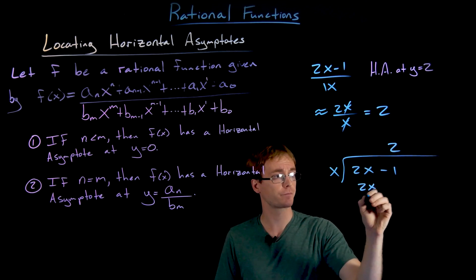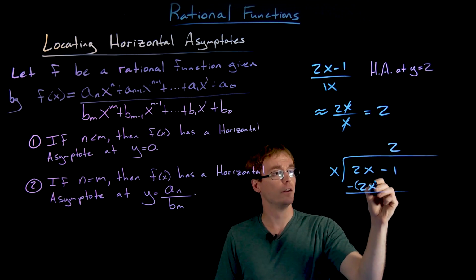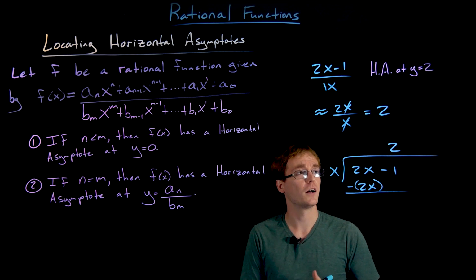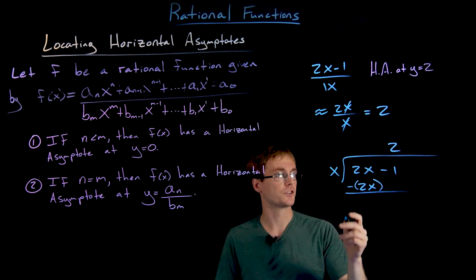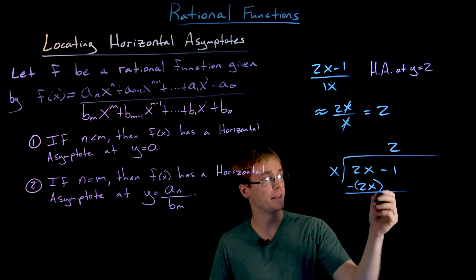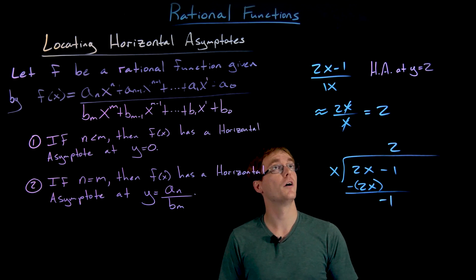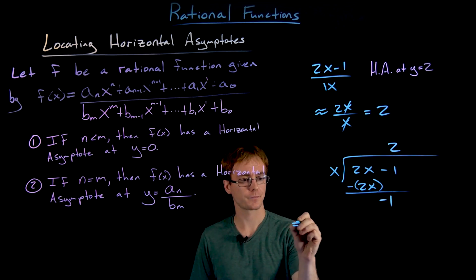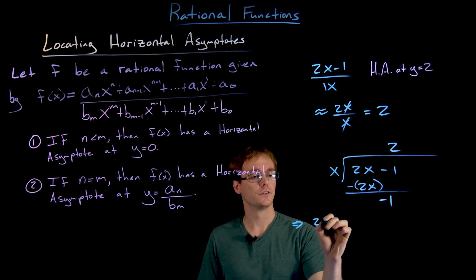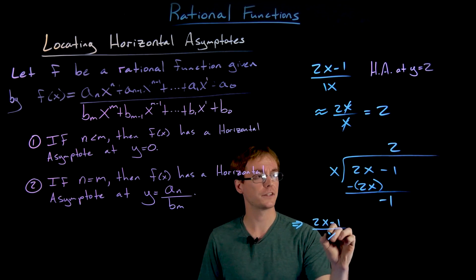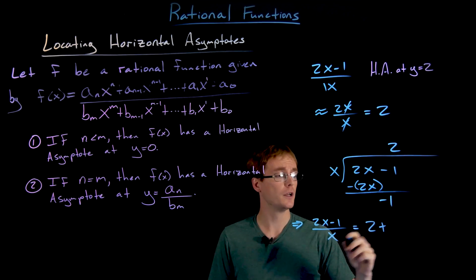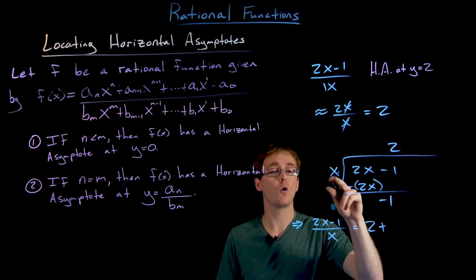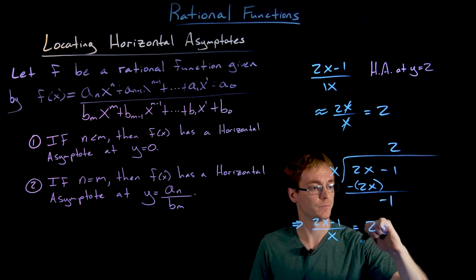Now if we perform that multiplication or division algorithm process, we have to multiply our divisor by that quotient. That gives us 2x, subtract that away from our dividend, and we're just left with negative 1. So what that means is that we can rewrite 2x minus 1 over x as the quotient, that is the answer here, 2, plus the remainder over the divisor.